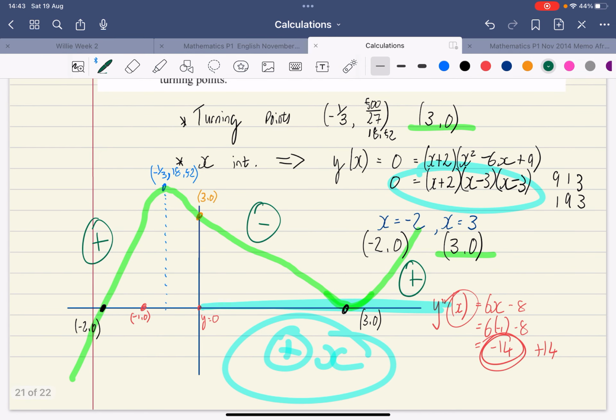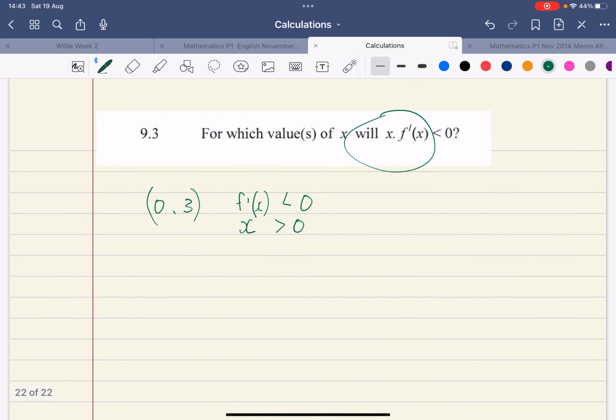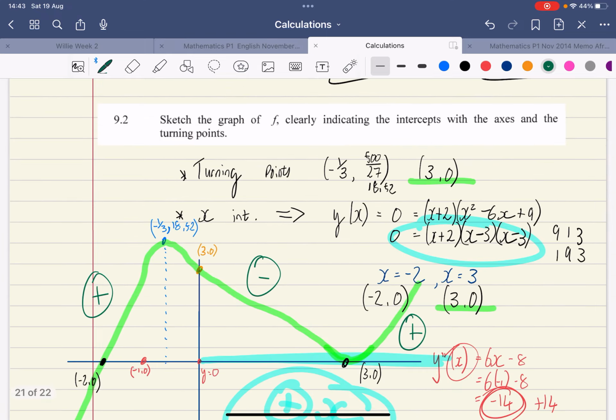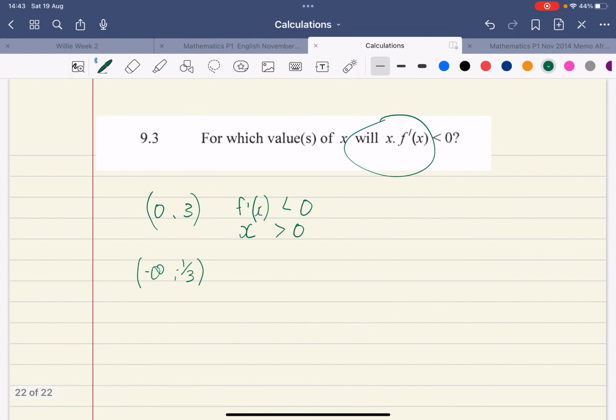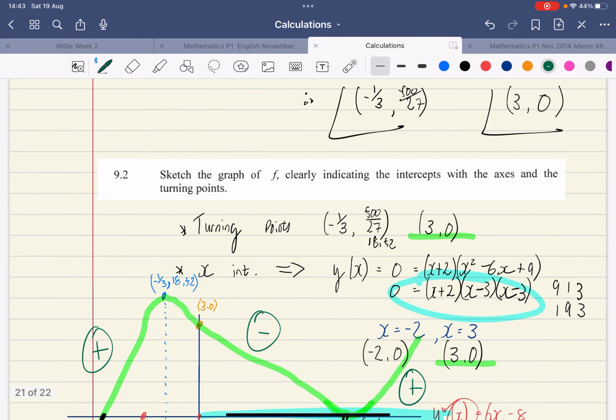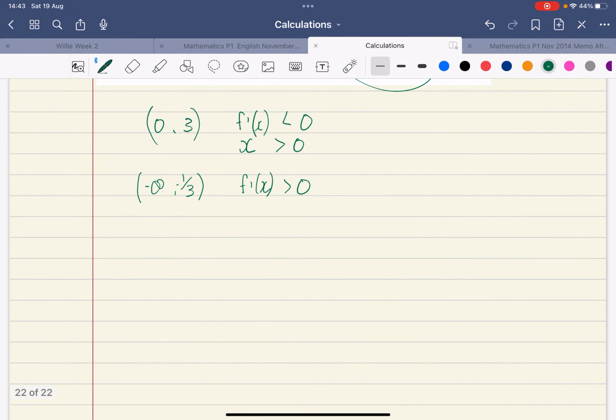In our region negative infinity to minus a third, our derivative is positive, and our x values are negative.